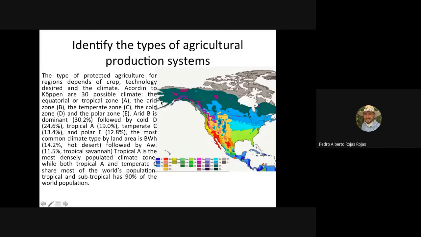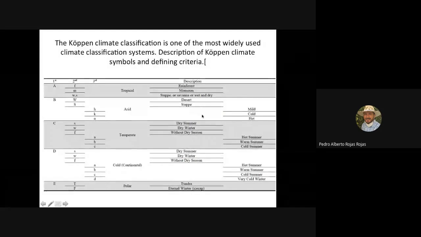We identified the different kinds of climates, and also we talked about how the tropical zone is the most important. The most important type of climate is the BWH, which covers most of the land area, and we identified the Köppen climate classification.